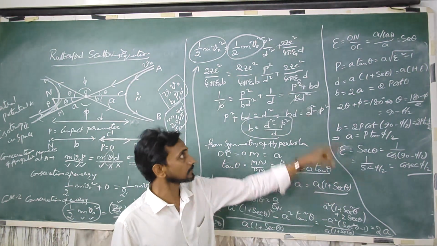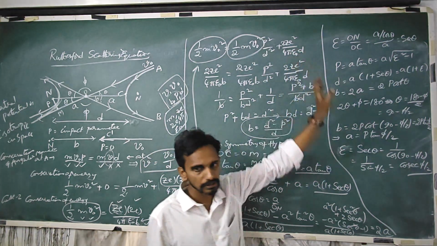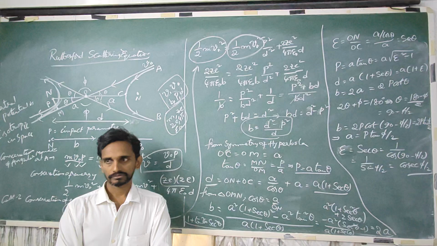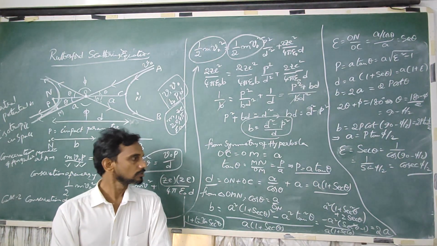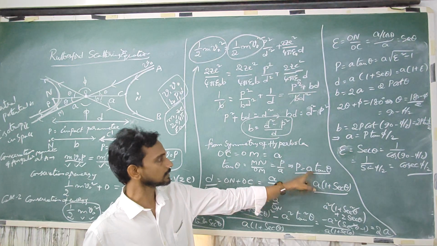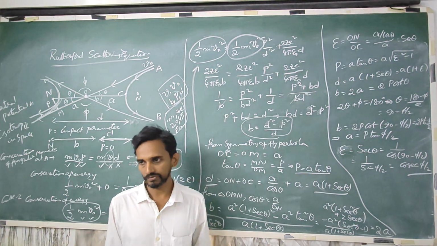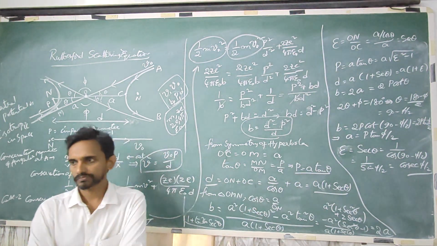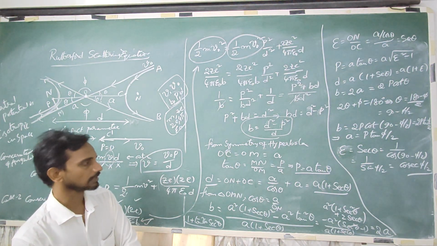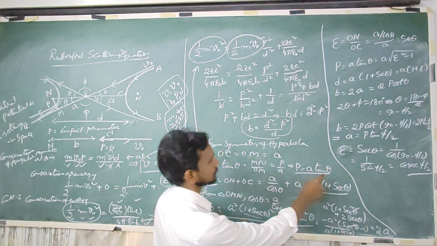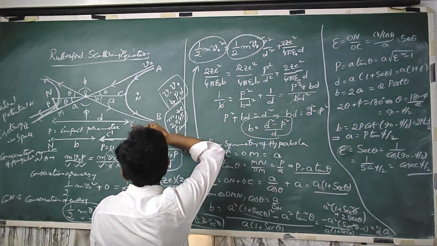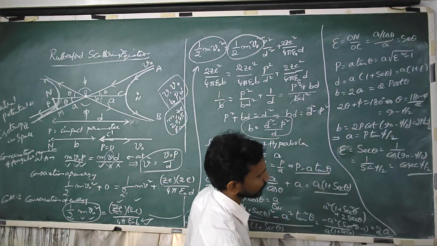And further we have introduced another term, eccentricity E, which is linked with theta. So we can eliminate theta. And finally, we can write theta in terms of scattering angle phi.